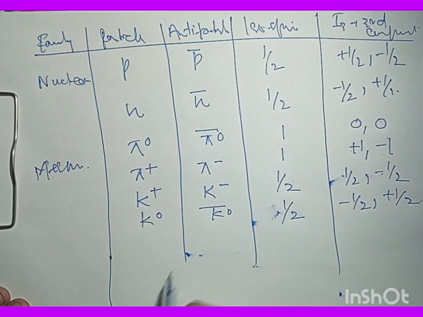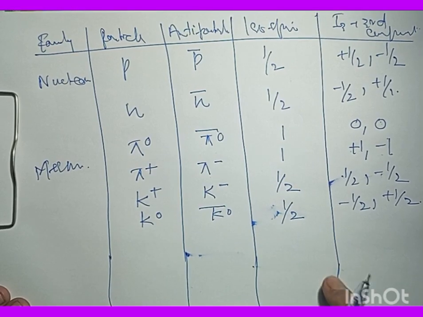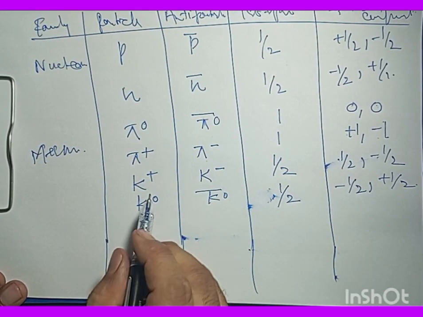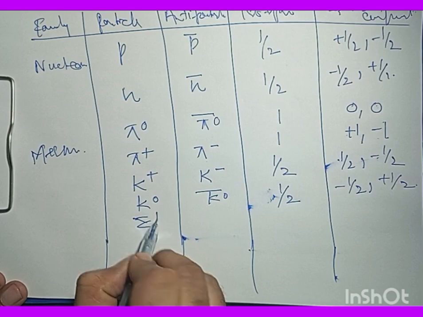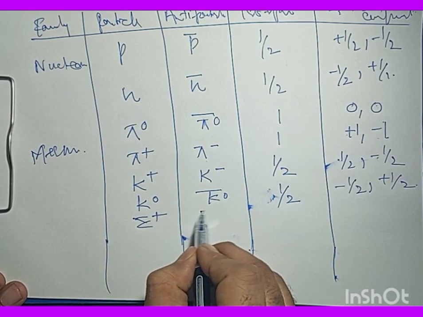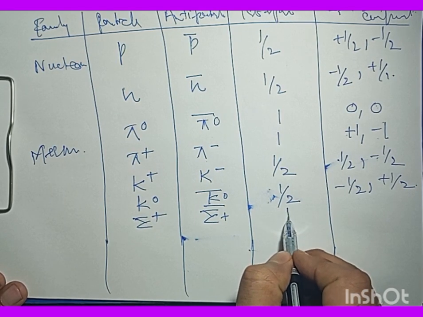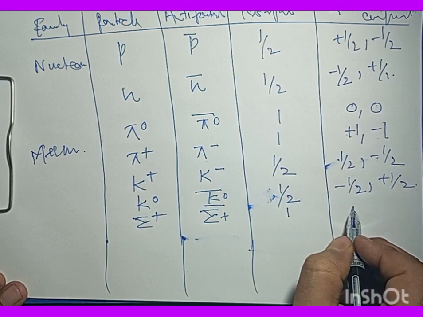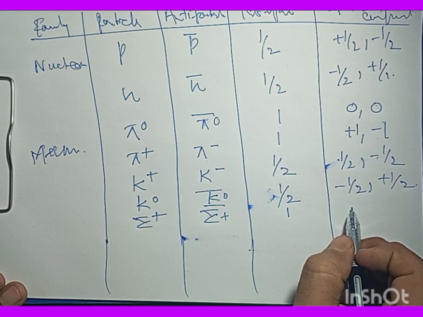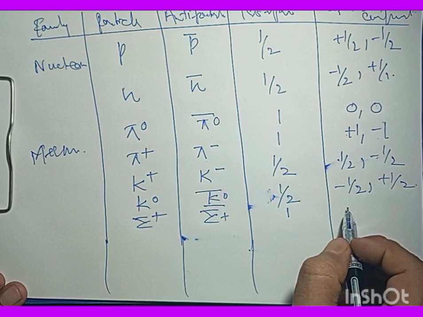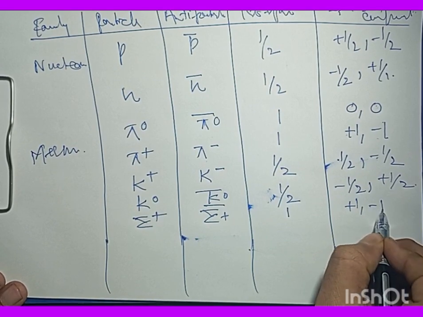Now going with sigma particles. Sigma positive, we have sigma positive bar, and its isospin is 1, and the I3 components for sigma plus and its antiparticle are plus 1 and minus 1.